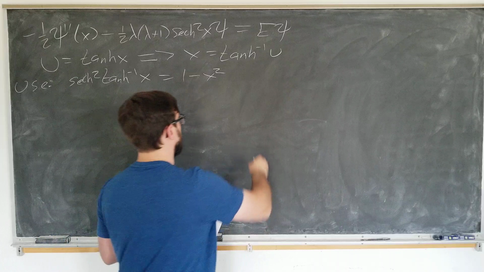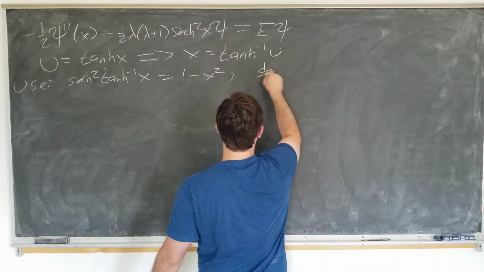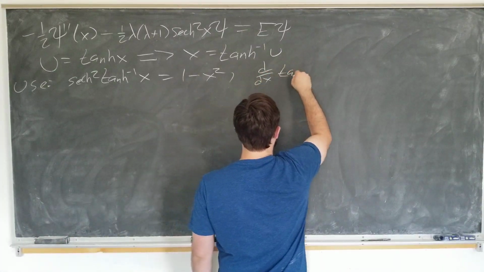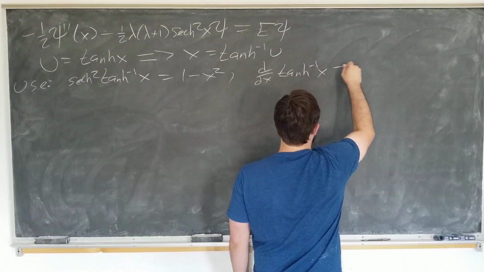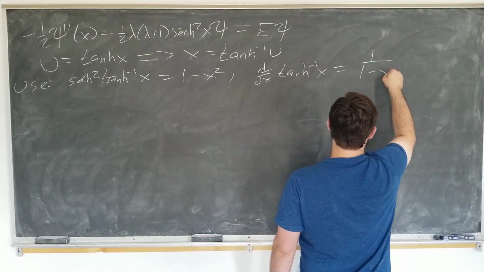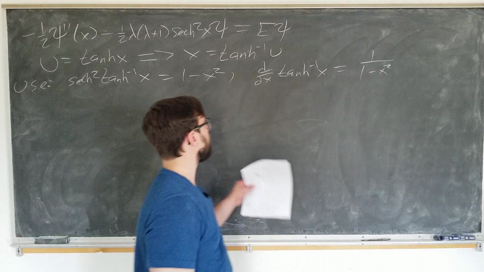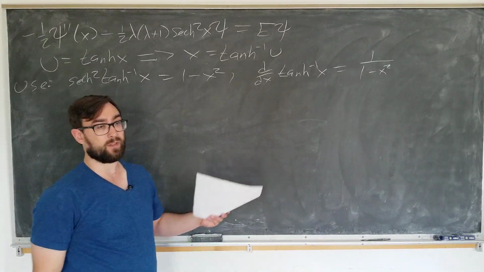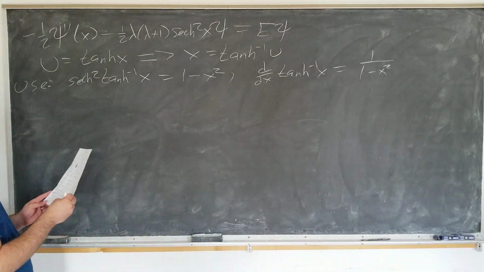Not that hard, we'll see. And the derivative of tanh inverse x is equal to 1 over 1 minus x squared. Excellent, we see 1 minus x squared in both quantities. A clue that something good could happen.